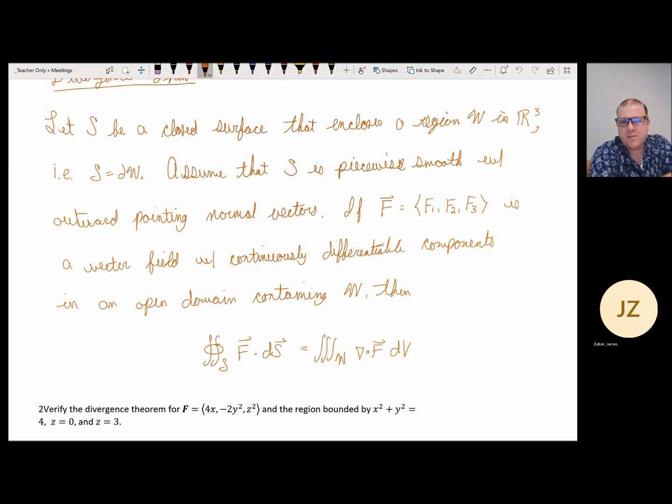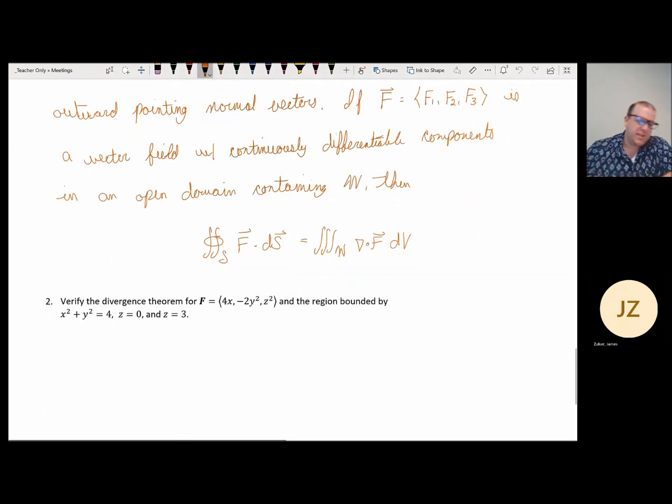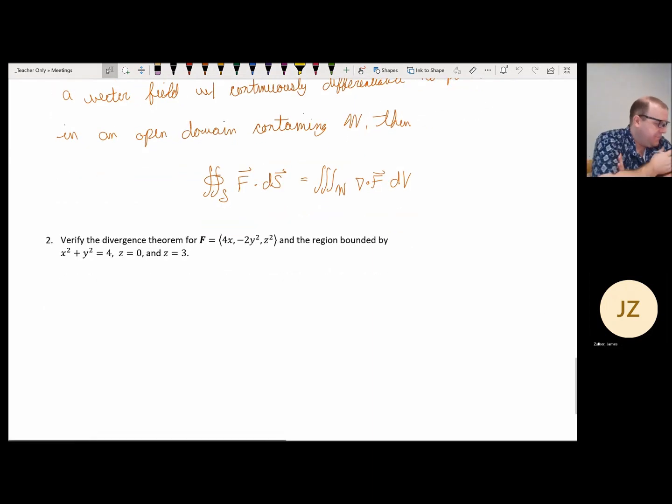Let's just call this number 2. Verify divergence theorem. Let's first calculate the flux integral.